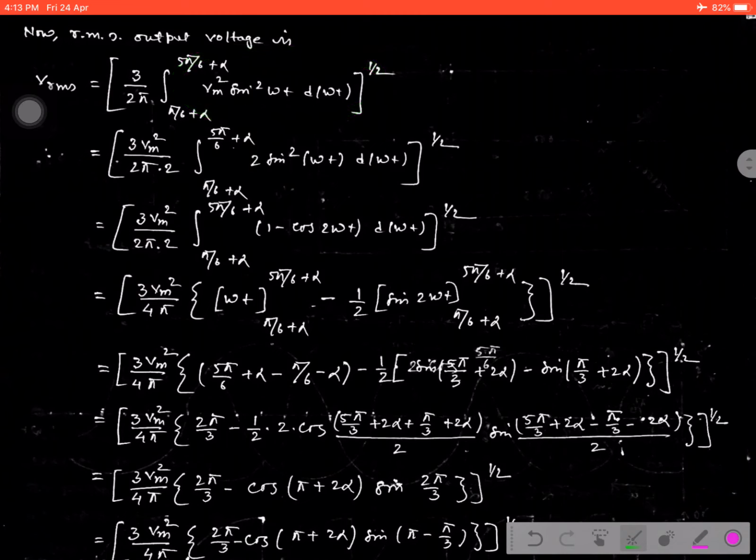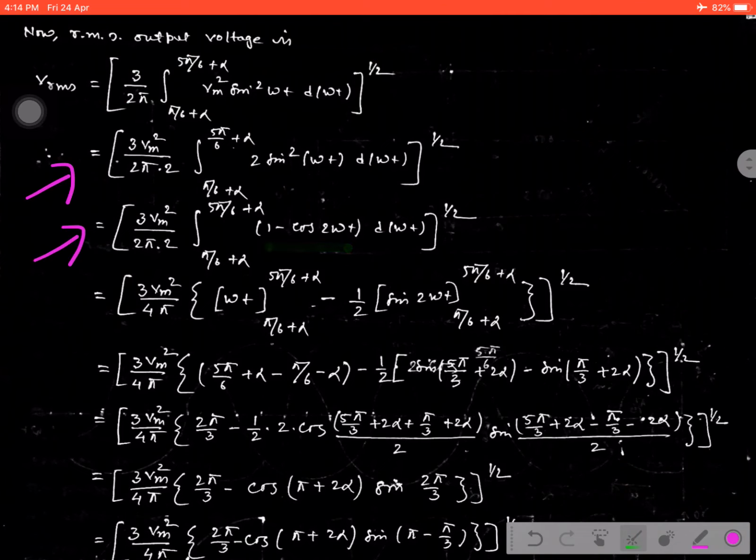and the number of peaks is 3 in a complete cycle, that is taken as 3, and the complete cycle means 2 pi. So after simplification we will get the result. As the sine square term is there, it is multiplied by 2 and divided by 2, that will give you the actual form for easy calculation for the integration part, that is 1 minus cos 2 omega t.